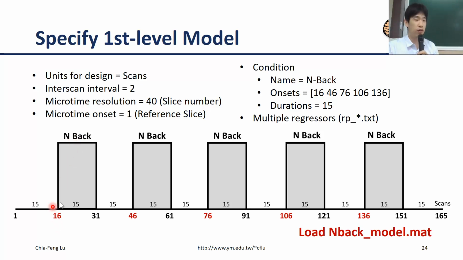So this is the very first onset time, the 16th scan. And then the next one starts at the 46th scan. So in this onset setup, we have 5 blocks, so you need to specify 5 values for the starting point of each task block like this.